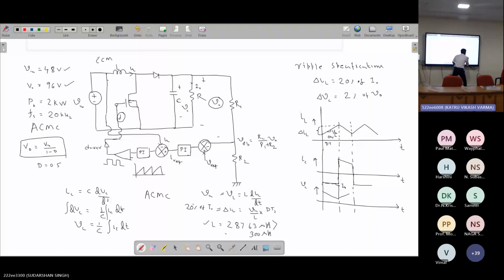So your voltage ripple is again nothing but your max peak to peak value. So this is your delta VC. Now, if I want to find out delta VC, what is happening is that during on time, the capacitor is totally discharging, and during off time, the capacitor is charging.